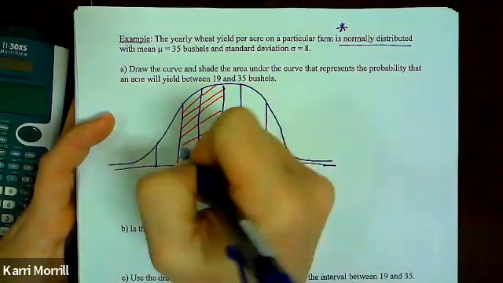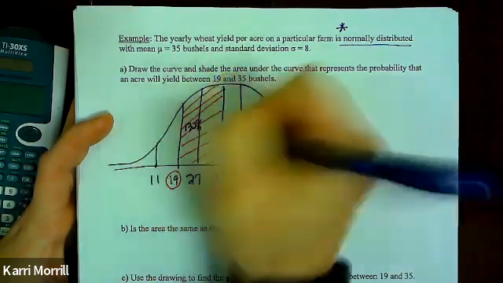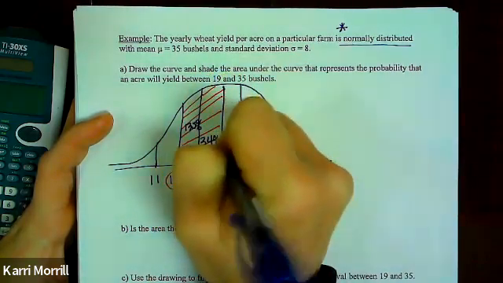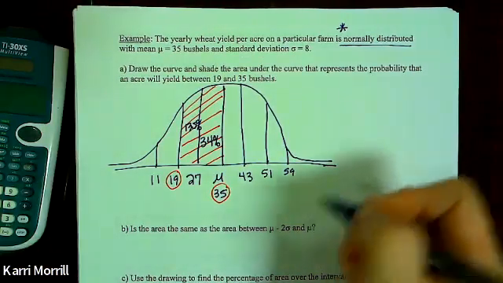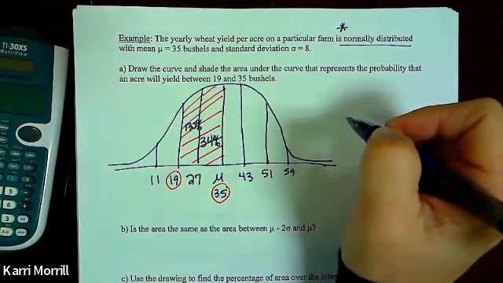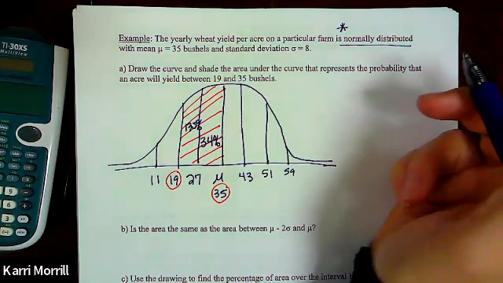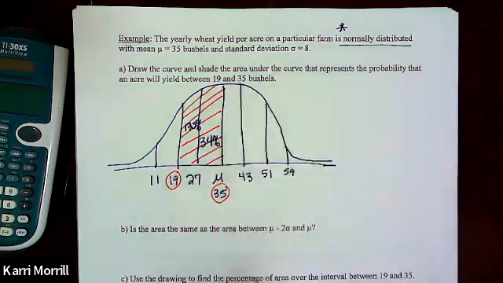So this is 13.5%, if you remember from the other page, and this is 34%. So it just said draw the curve and shade the area under. It didn't tell us to identify that area yet, but we do a little bit later. So we'll come back to that and answer that.